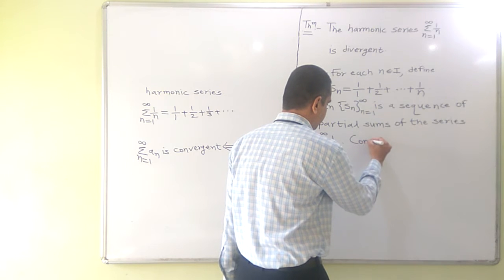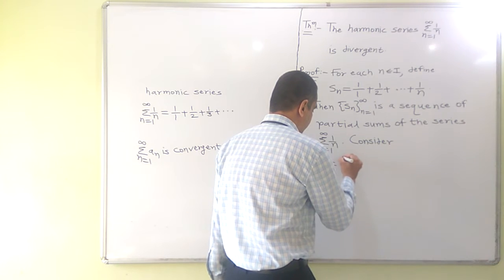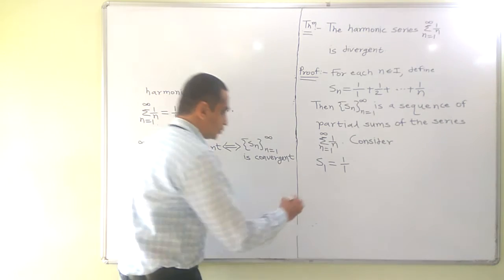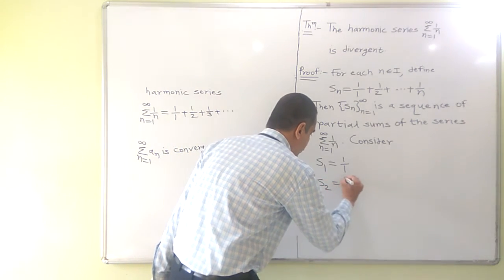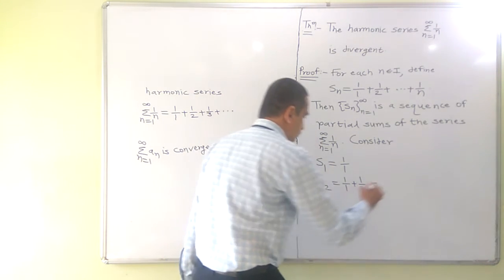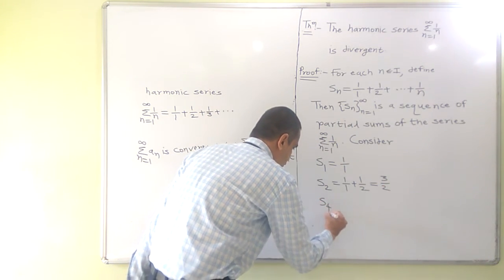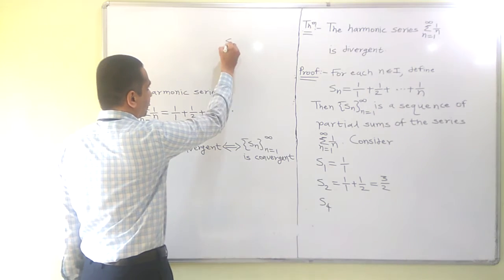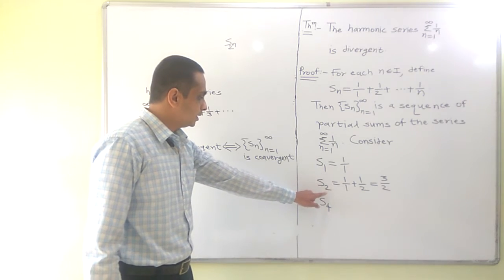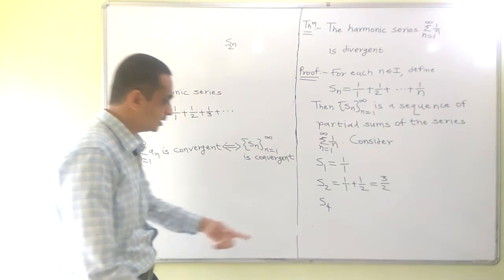Consider S_1, which is equal to 1 upon 1. Consider S_2, it is equal to 1 upon 1 plus 1 upon 2, which is equal to 3 by 2. Consider S_4. So we are considering the terms S_(2^n). First n is equal to 1, now n is equal to 2, so 2 raised to 2, that is 4.